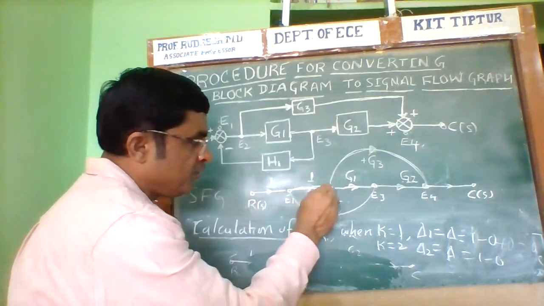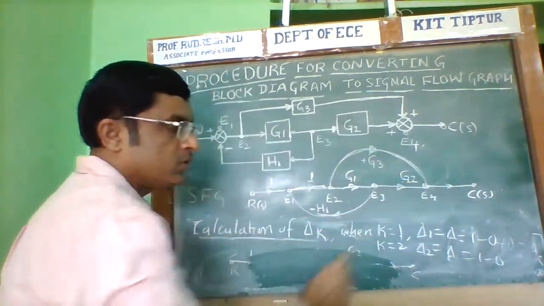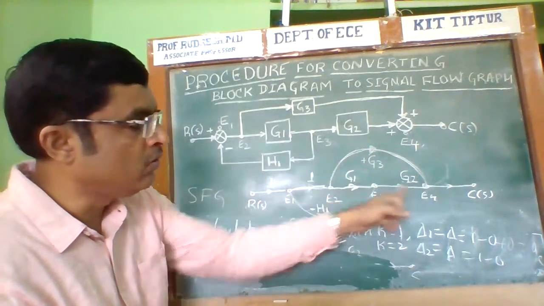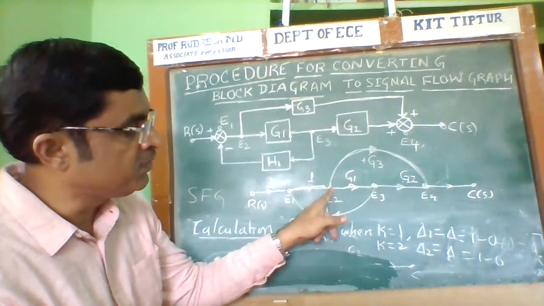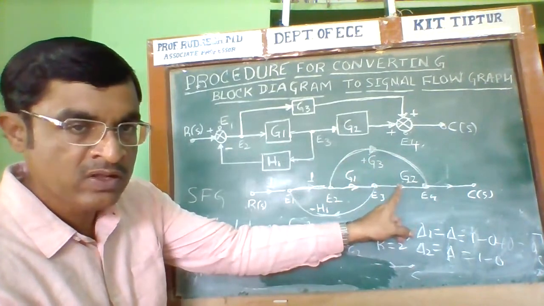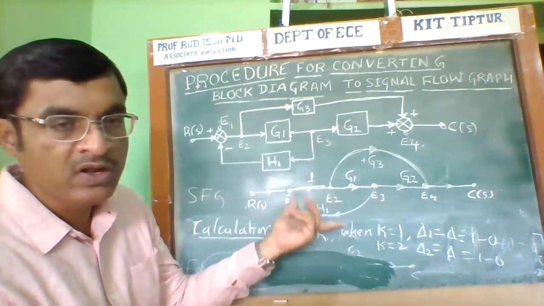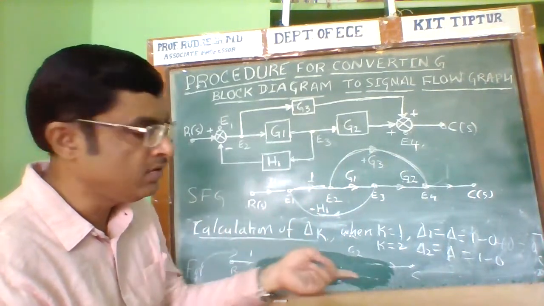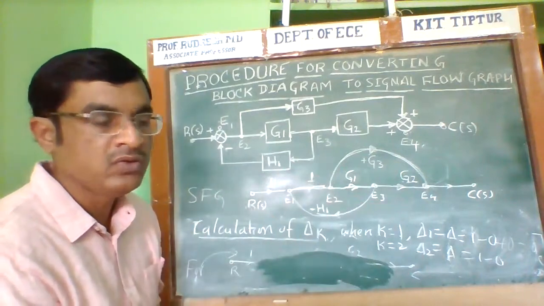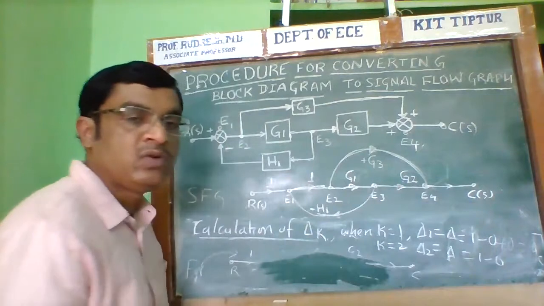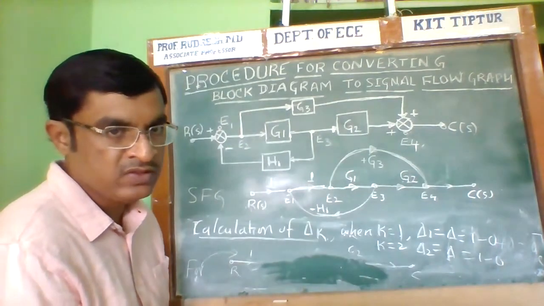But for the second forward path also, for this part while going, this branch is touching, here also this branch is touching. Therefore, there is no part of the graph which is not touching the second forward path. Therefore, the delta 2 value is also calculated using the delta formula, and what is it? 1 minus the sum of individual gains, which is 0.